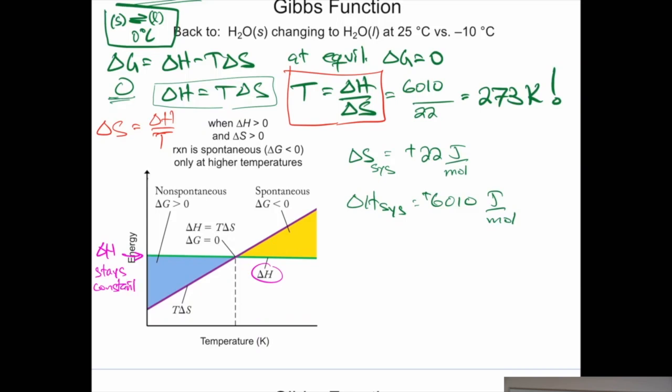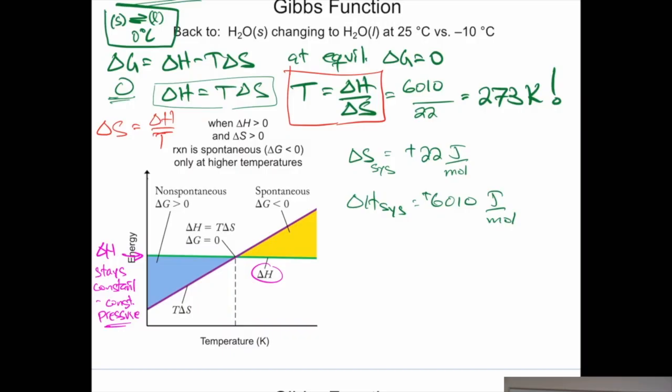It's not changing because the pressure is constant. If you may remember, enthalpy is simply the change in the thermal heat at constant pressure. That's how enthalpy is defined. So that's not changing. That's a flat line.